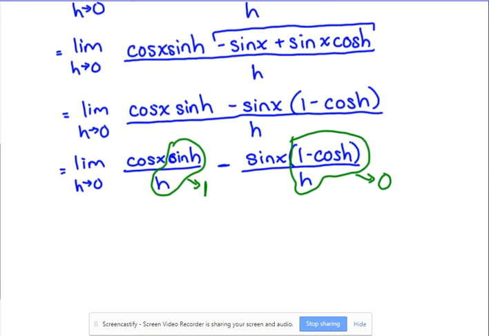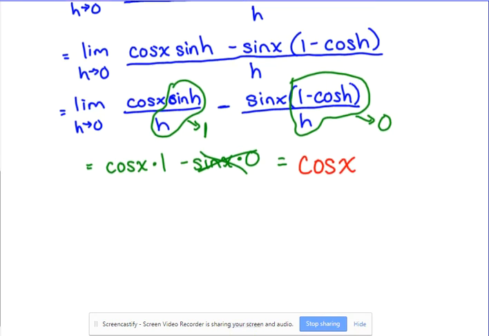So we've already evaluated the limit, so to speak. What we've got is cosine of x times 1, minus the sine of x times 0, just using those special trig limits. The sine of x times 0 is 0, so the derivative of sine of x is cosine of x.